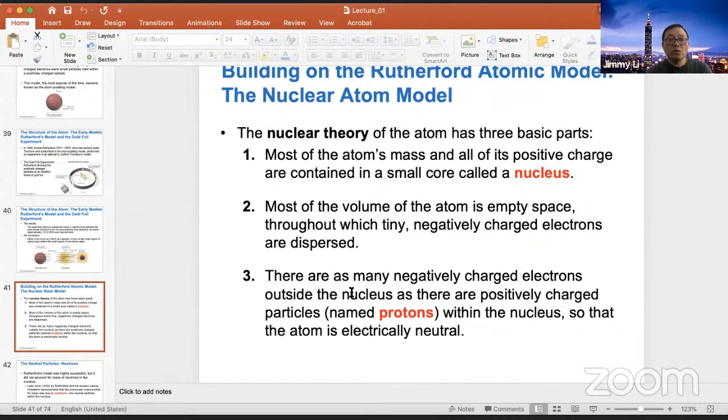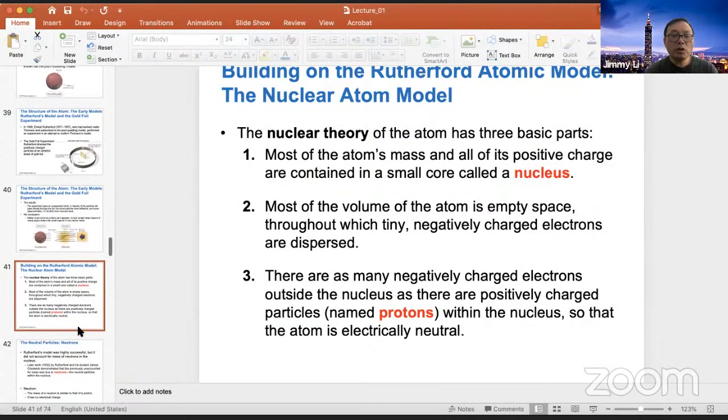Because he said the reason a small percentage gets deflected is that those positive particles must hit the small region here. That small region turned out to be the nucleus. So once the alpha beam shoots at that nucleus, the particles get deflected, because we know similar charges repel each other.